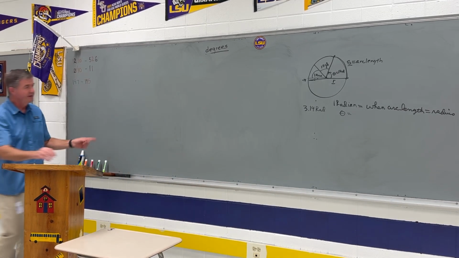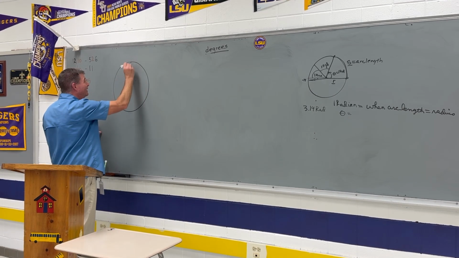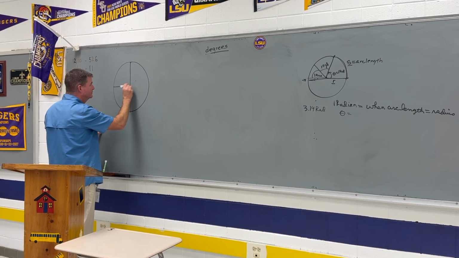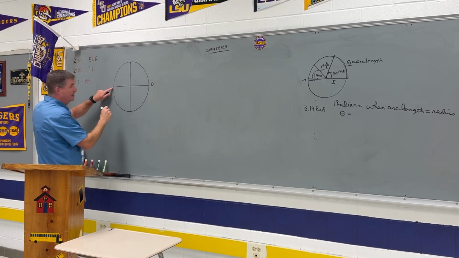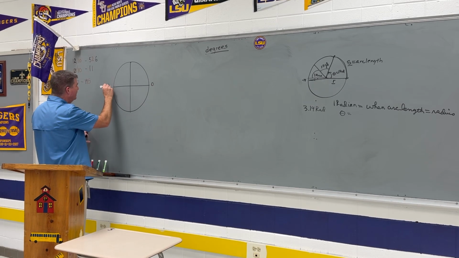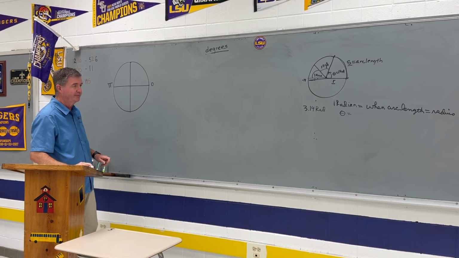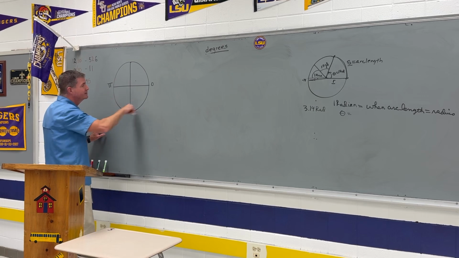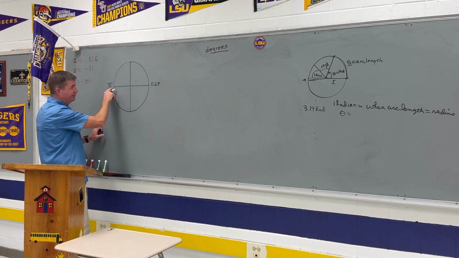So on the first one that we did, I'll draw my circle. And we know that this is 0 radians. We know that the half of a circle was pi radians. We just saw that by looking at 3.14. So a whole circle must be 2 pi radians. Pi plus pi, 2 pi.